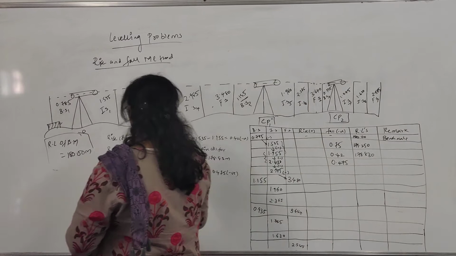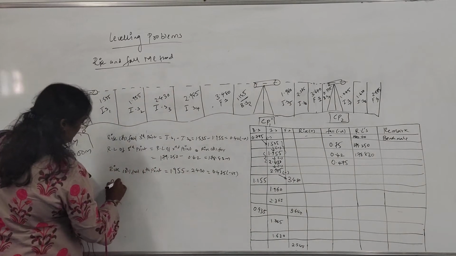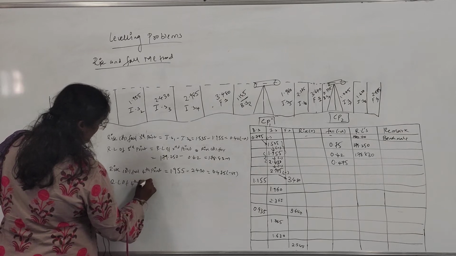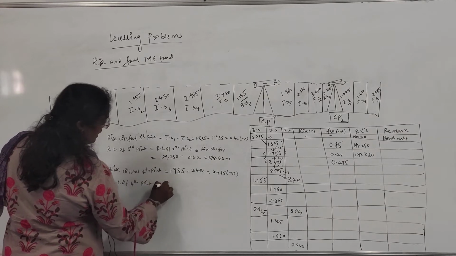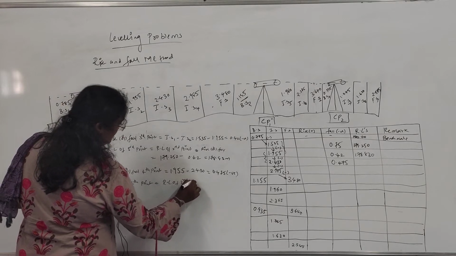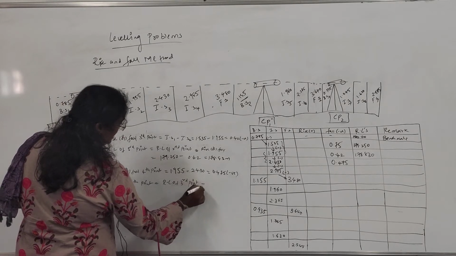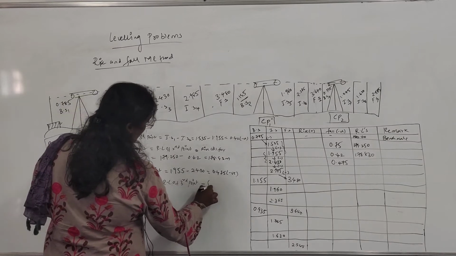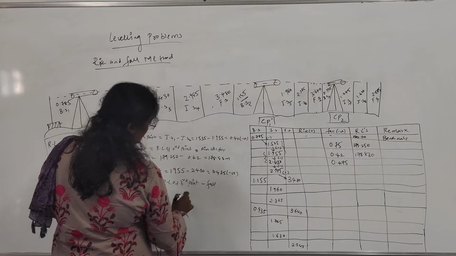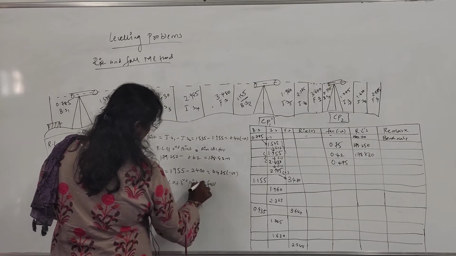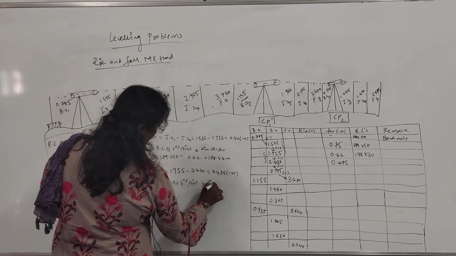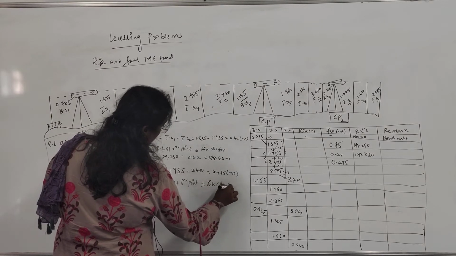0.475. Now we need to find the RL of the fourth point. So what will be the value? RL of third point plus or minus rise or fall, right?